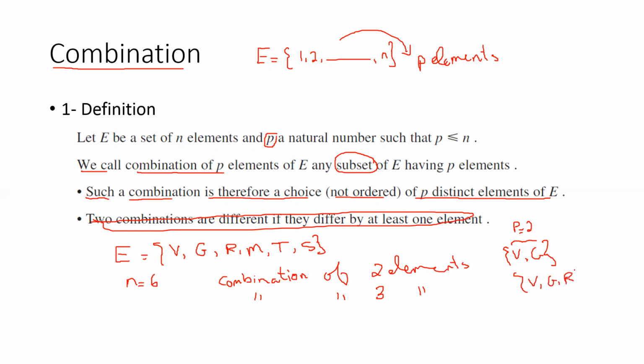So here there is no repetition, and the order is not important. Each one is called a combination. The first one is called a combination of 2 elements. The second one is called a combination of 3 elements. Vanna, did you understand the definition of combination?